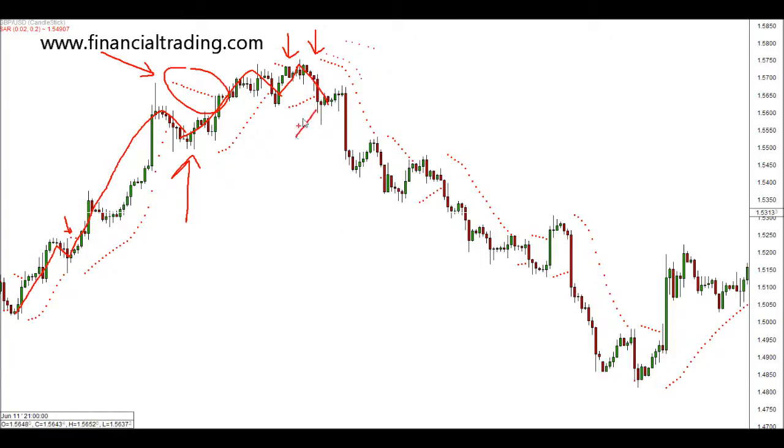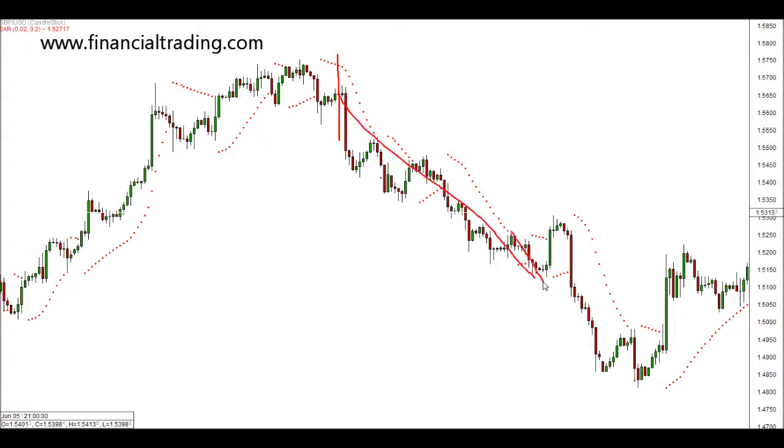So once we've identified this lower low, and we have 5 dots, which is here, that's our signal to close this long position, or if we're looking to take a short position, that's our signal to go short. And you'll see that price soon falls heavily on the downside.